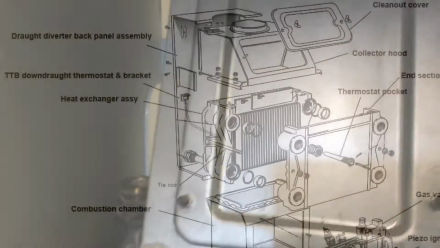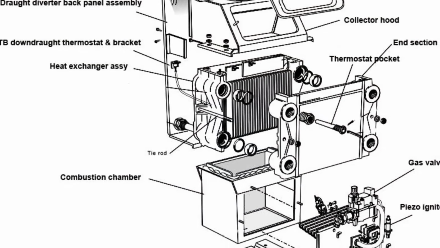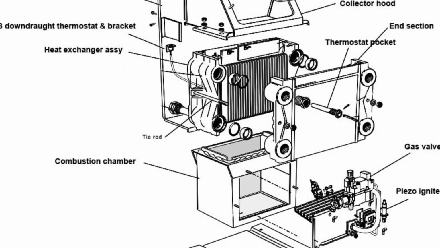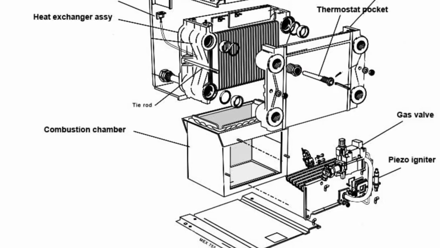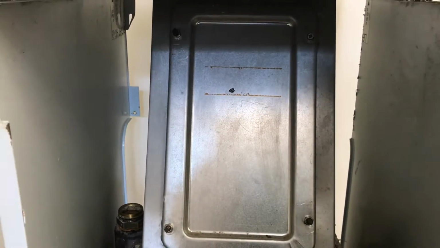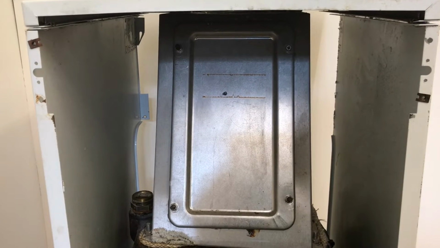If we go up, this is the flue hood, or what we call the primary flue. Now the boiler flue is in different sections.